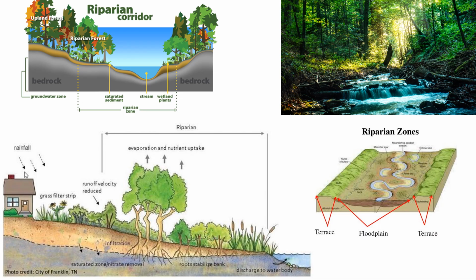And we see some diagrams that are showing that. The one that I want to highlight down here is the floodplain, because the riparian zone often does include large parts of the floodplain. And during heavy rainfall or heavy times of snow melt, that floodplain will flood, and the riparian zone is part of that.